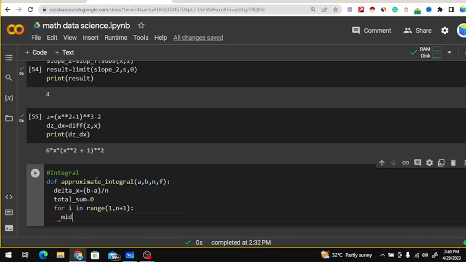Midpoint should be equal to 0.5, in parentheses, 2, delta_x, 2 i minus 1.